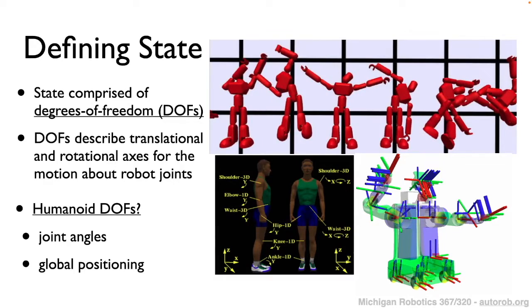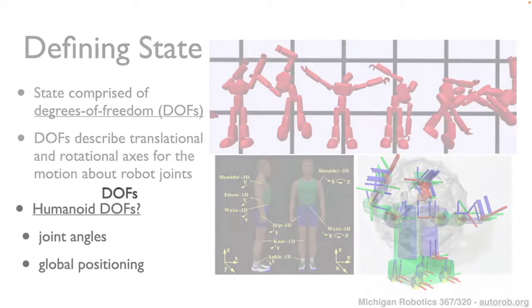For example, on this slide, we could consider some humanoid robots, and the skeletal structure that's described by the corresponding degrees of freedom within that humanoid structure, or we could consider larger, more articulated robots like the PR2, for example, which is shown in the lower right hand corner. Once again, these robots could be described in terms of their state, which is itself a collection of degrees of freedom.